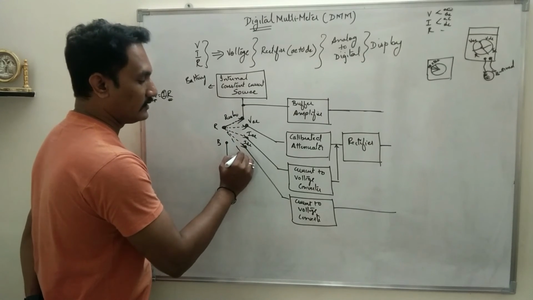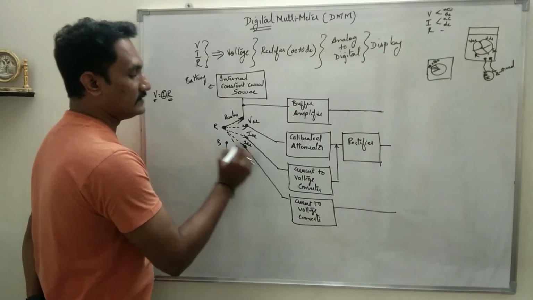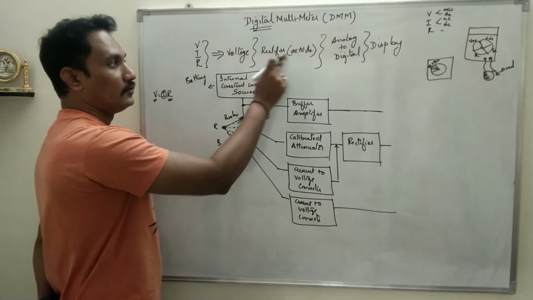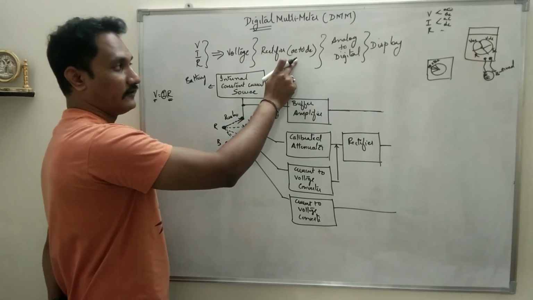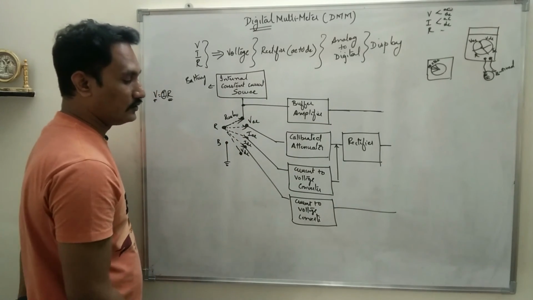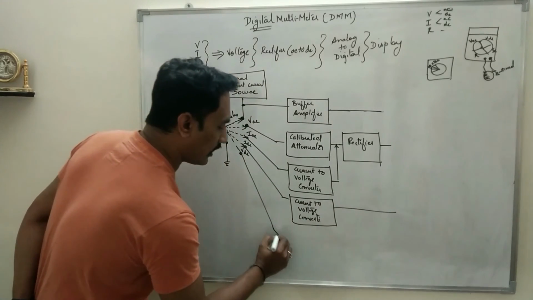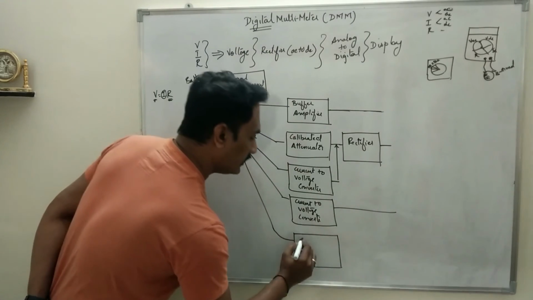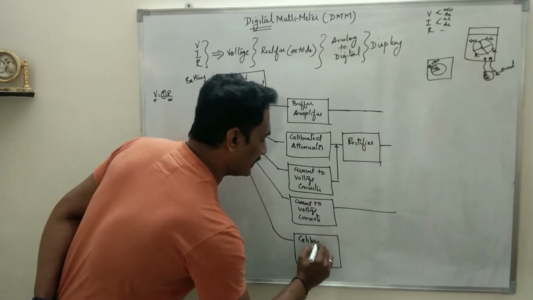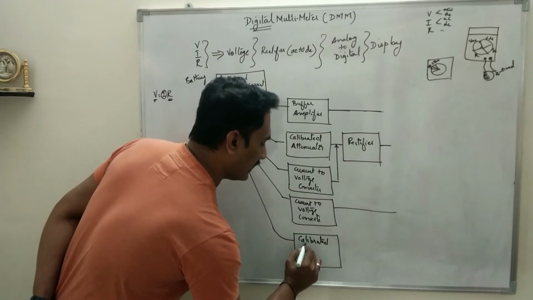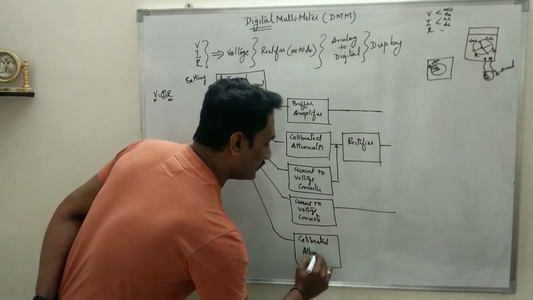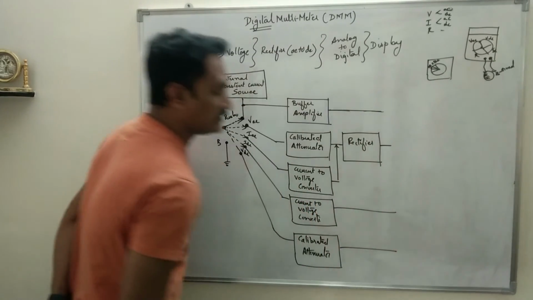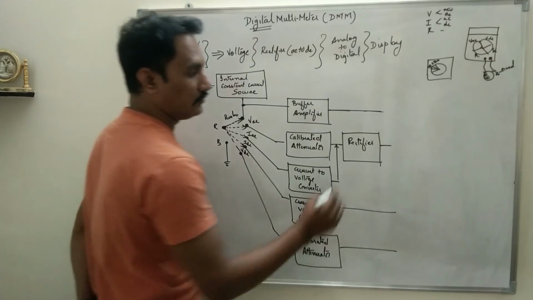And the last one on the list is VDC, voltage as well as DC. So no need to convert it into voltage, no need to use a rectifier. Simply this block will give input to a circuit called calibrated attenuator, and as it is DC, it will be available for the analog to digital converter.